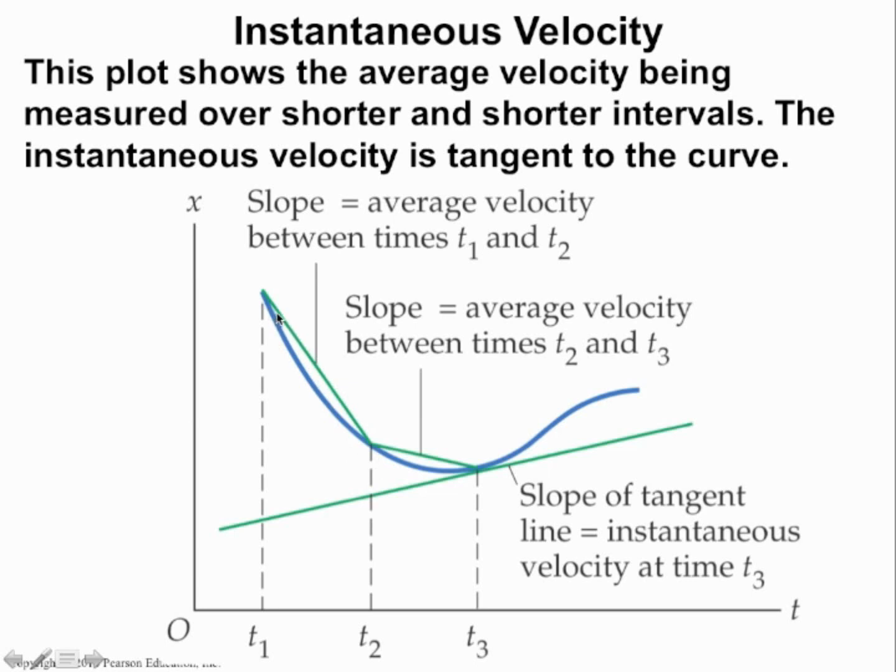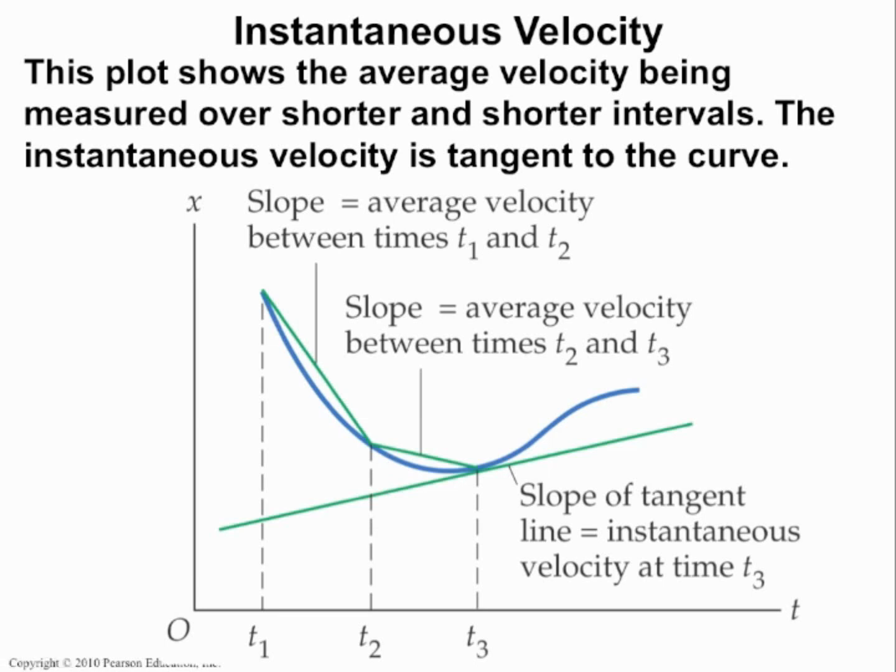And so the straight green line refers to the average velocity between those two times. And even though the velocity is changing, there's still an average, and you get that just by connecting the two endpoints with a straight line. The same is true with the interval t2 to t3.